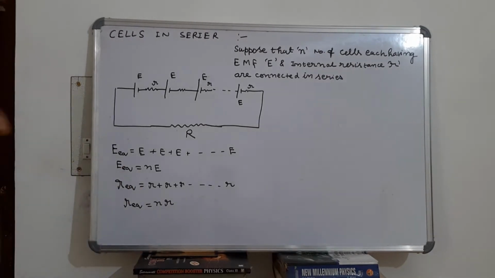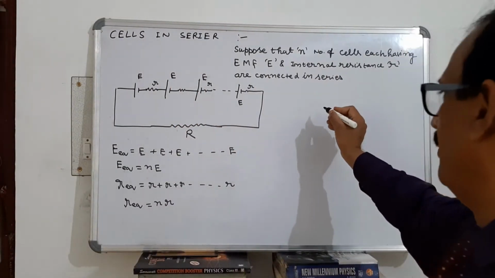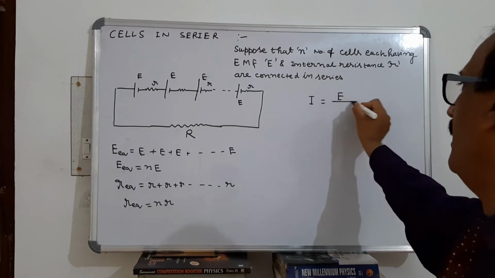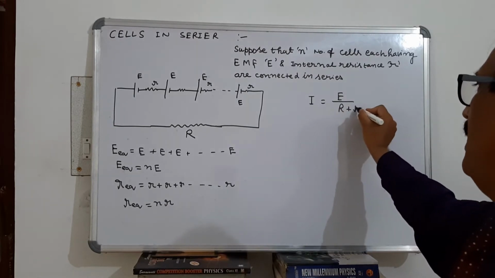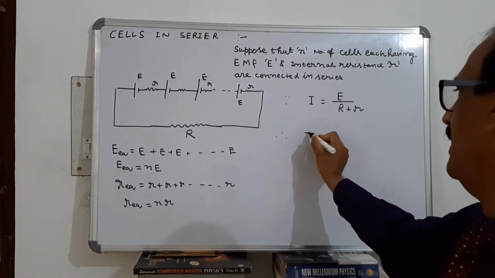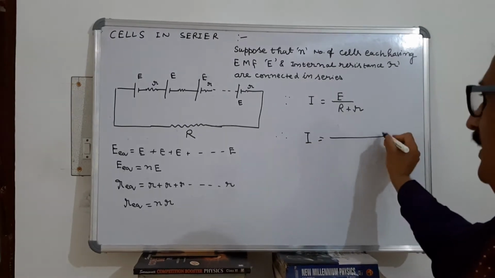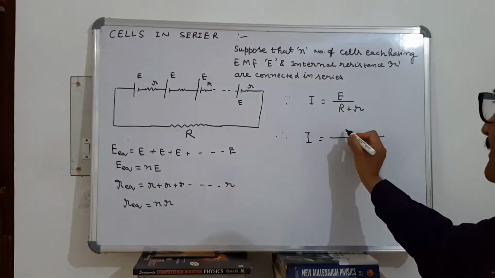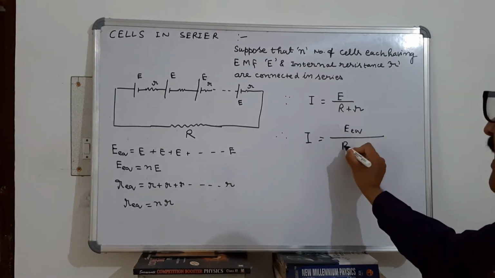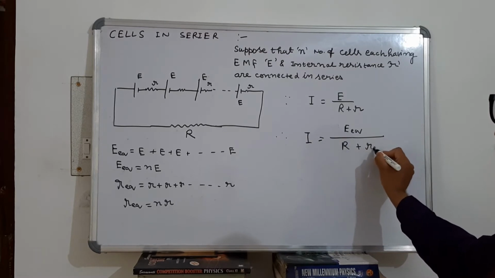And you know that current drawn from cell I is equal to E upon R plus r, small r, plus capital R. Therefore current through cell I will be equal to E equivalent upon R plus r equivalent.